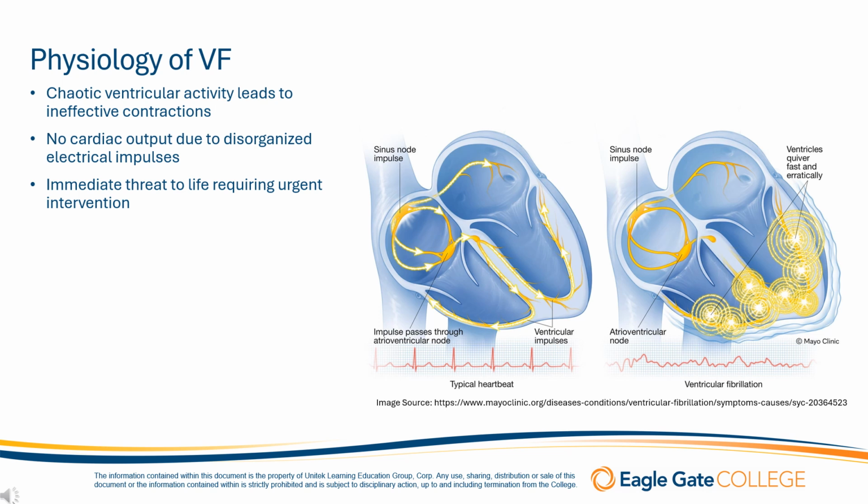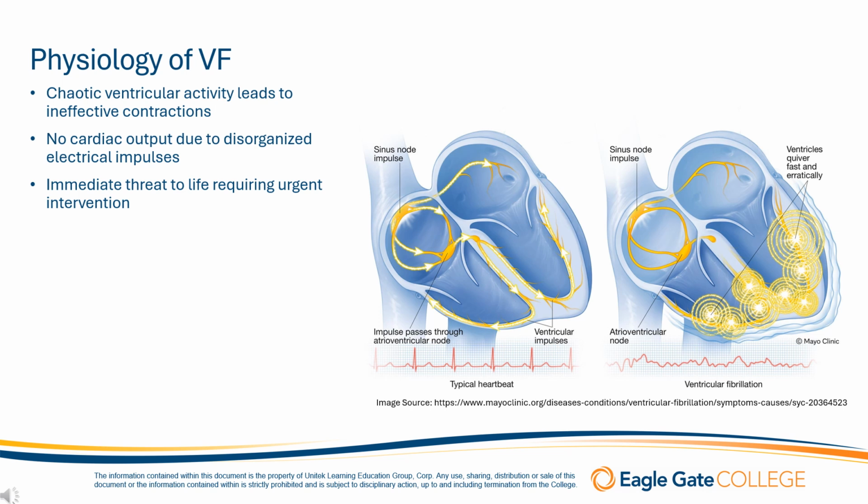Understanding the physiology of VFib is crucial for recognizing its severity and the urgency of intervention. In a normally functioning heart, the electrical impulse originates from the sinoatrial node, travels through the atria, passes through the atrioventricular node, and then spreads throughout the ventricles in an orderly fashion, resulting in coordinated contractions.